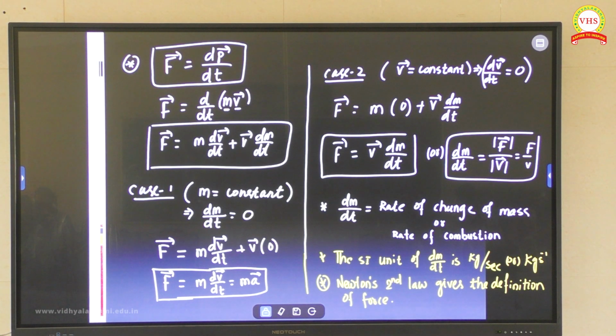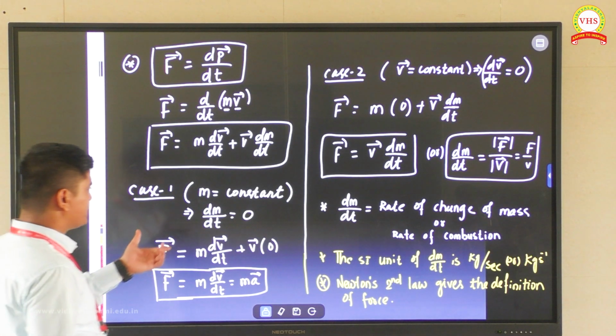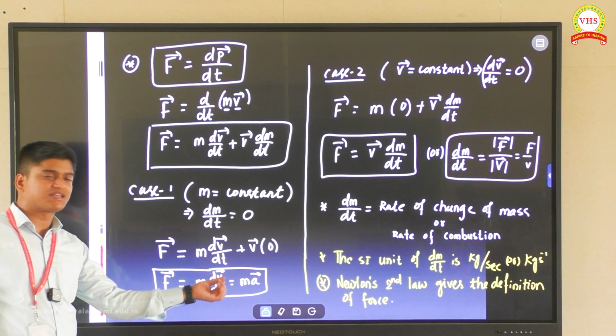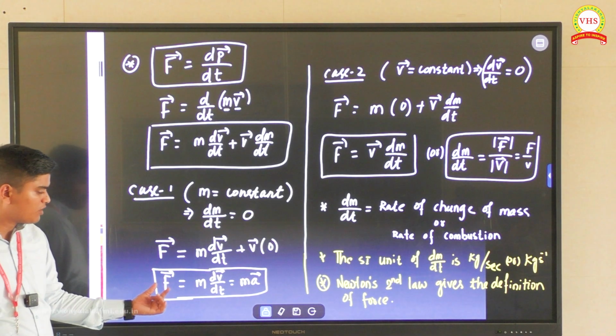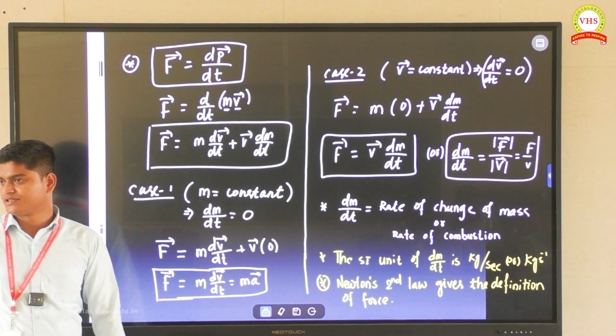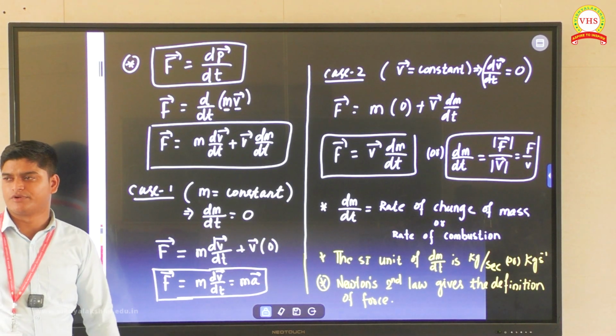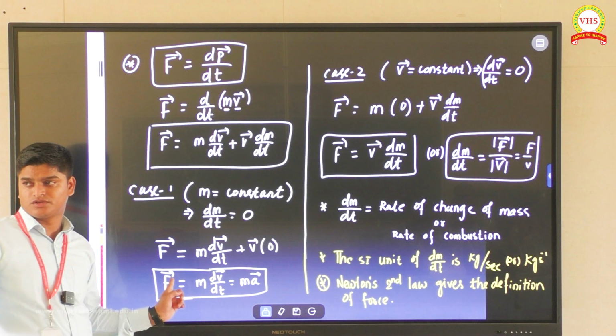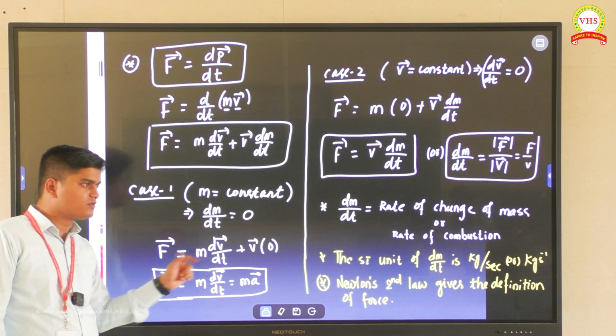So net force, you can understand basically. General case I told, mass is constant. So net force equals mass times acceleration. Net force equals what? Mass times acceleration. Remember, this acceleration will be in the direction of force.